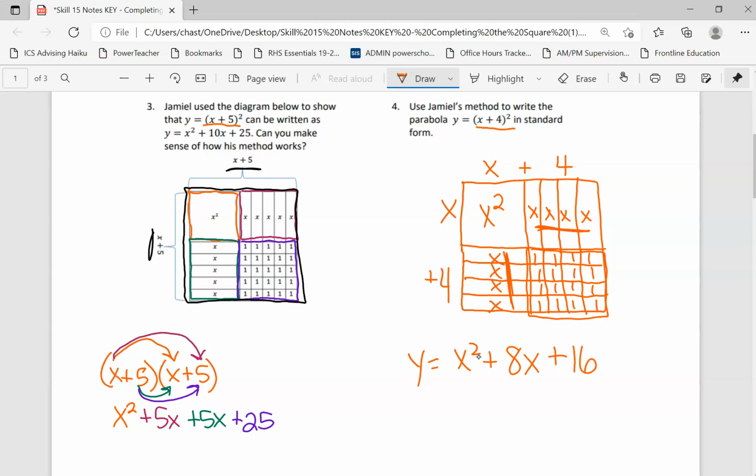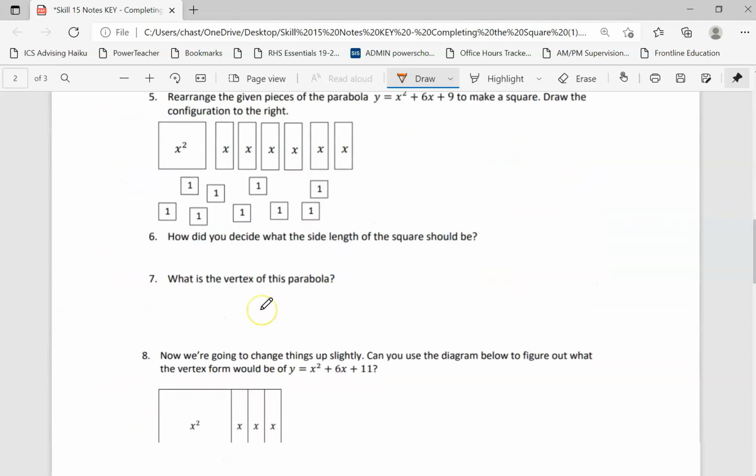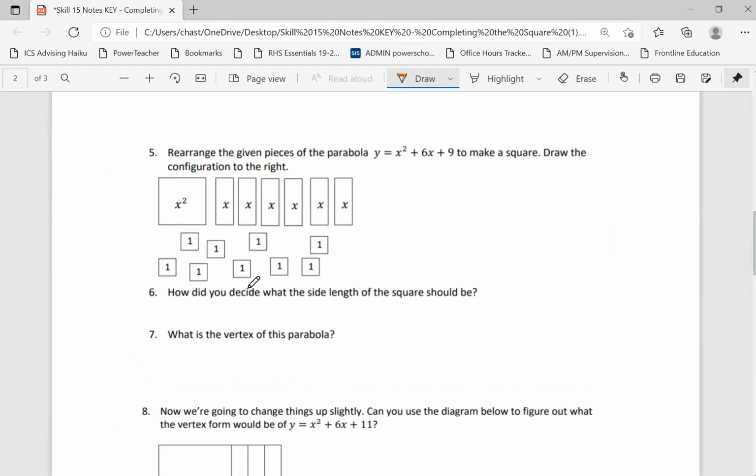And if I were to take the x plus 4 and just multiply it by itself and distribute out like I did over here, I would get the exact same result. Okay? But what I want you to be thinking about is this visual of completing a full square. Okay? All right, so let's look at example 5. We have y equals x squared plus 6x plus 9.